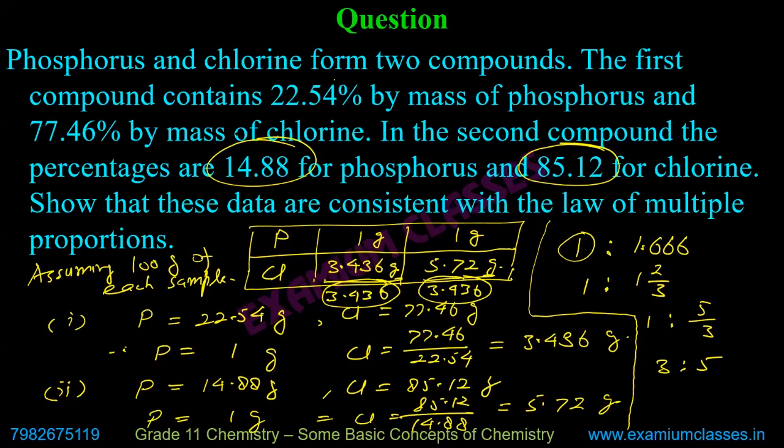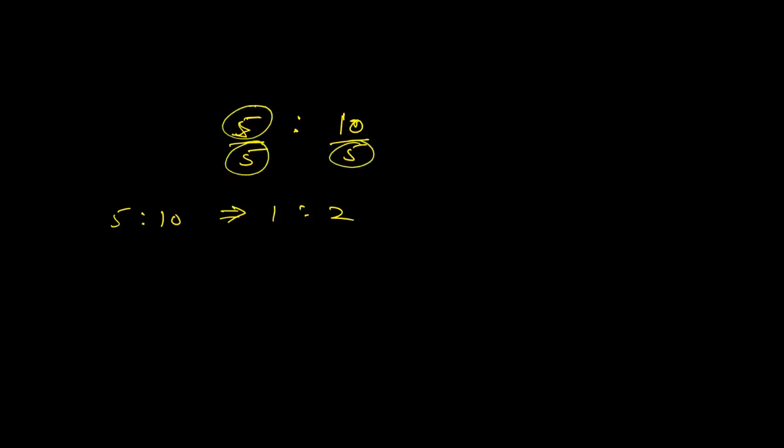For example, 5 is to 10. I can divide both by 5 and the ratio will not change. 1 is to 2. So 5 is to 10 is effectively 1 is to 2. How did I get that? I divided both by 5.